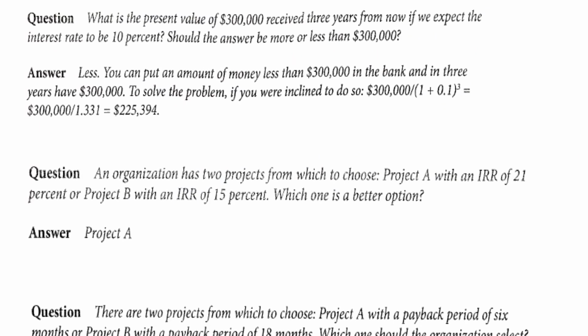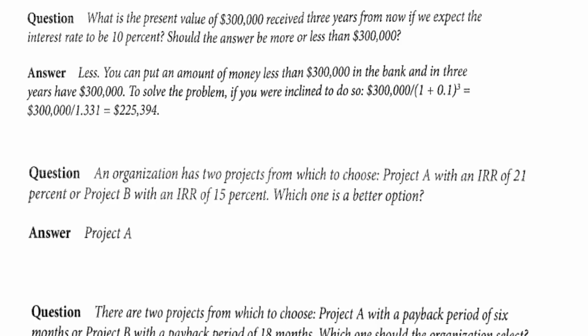So first question is, what is the present value of $300,000 received 3 years from now? If we expect the interest rate to be 10%, should the answer be more or less than 300,000? So now 300,000 is the future value, FV, and 3 years is the number of years that we represent as N in our formula. 10% is the value of R, rate of return, and we are asked to calculate present value.